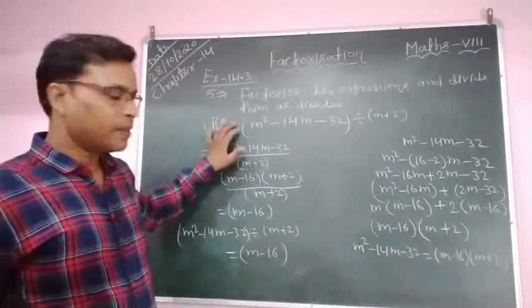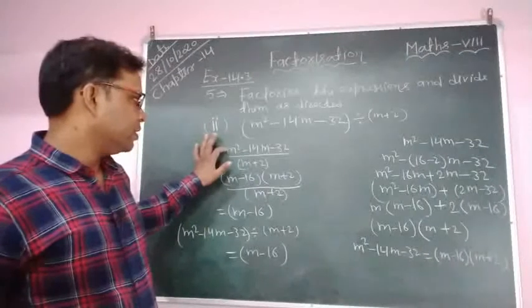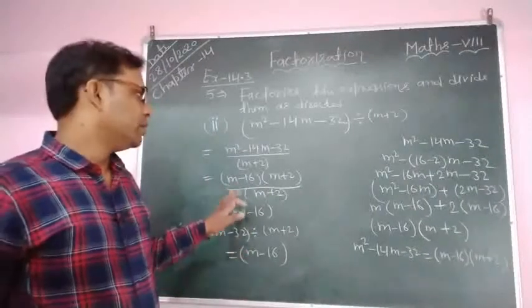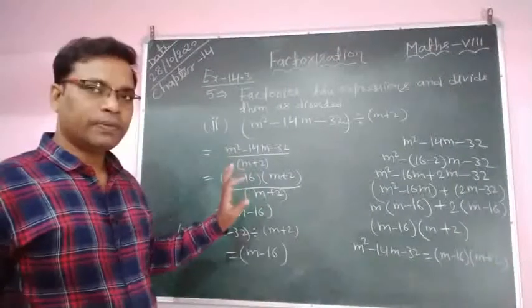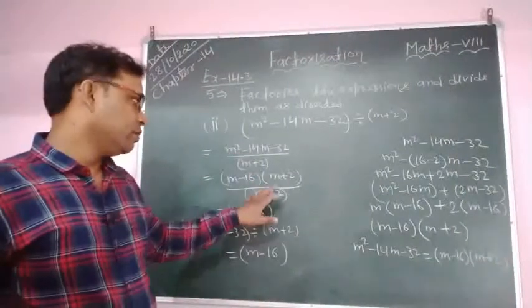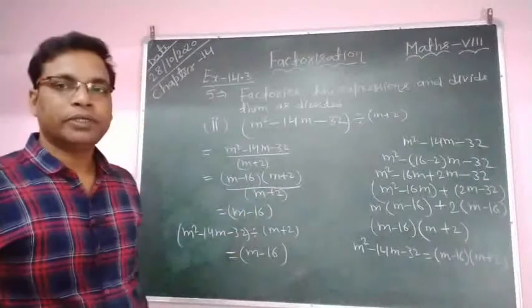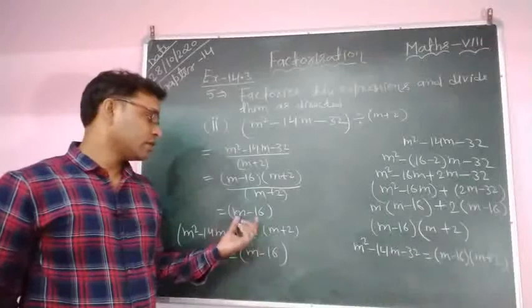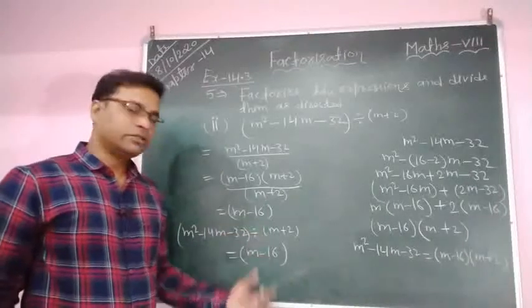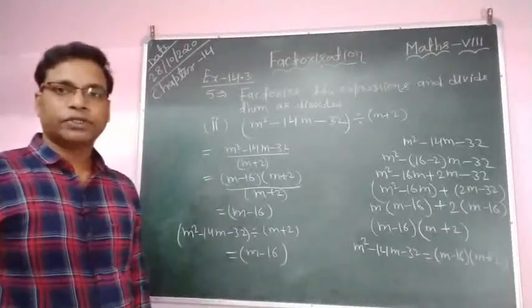This is division. So first we replace m square minus 14m minus 32 by m minus 16 into m plus 2 divided by m plus 2. When we divide it, then we obtain m minus 16 as a quotient. Okay? So student, I hope all of you understood this question.